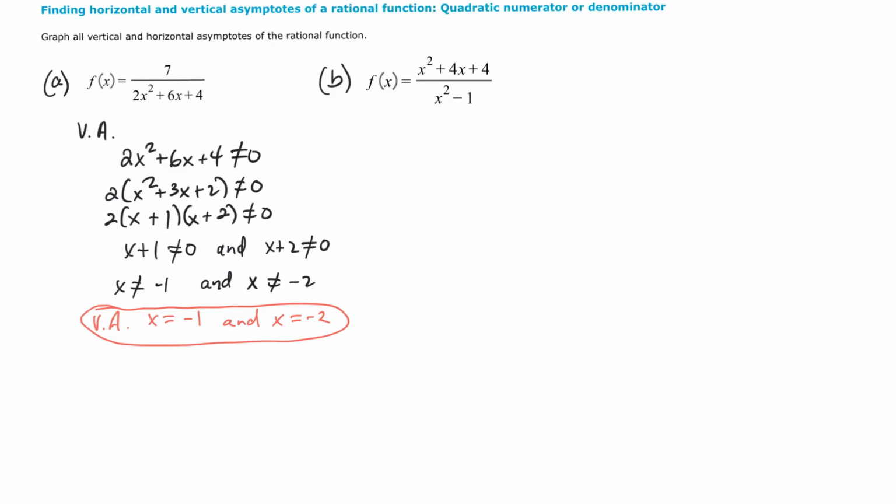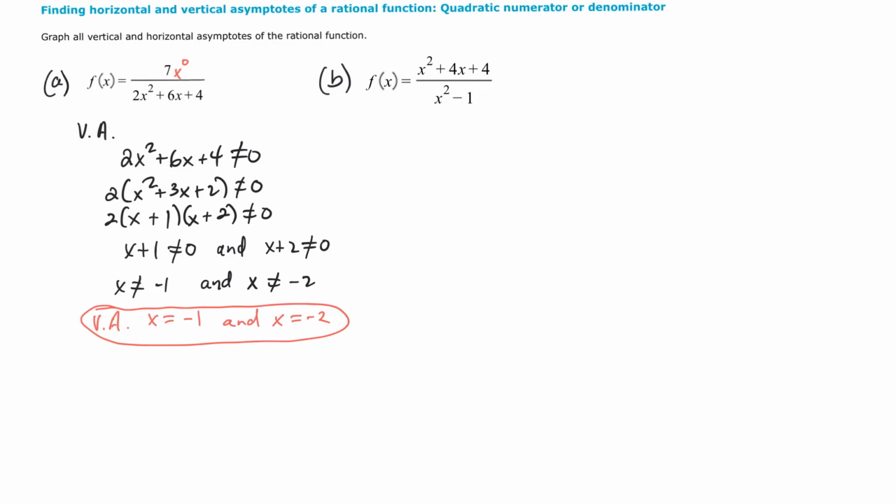Oh, excuse me. I forgot to find the horizontal asymptotes in part A, so why don't we go back to that? Let's go back and analyze the degrees again. The degree of the polynomial in the numerator is 0. If you're having a hard time seeing that, you could do a little trick here. We could just write x to the 0, and now you can really see that the degree of 7 is 0.